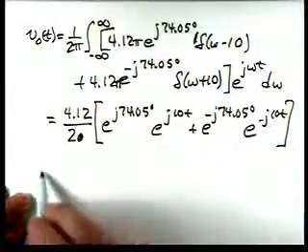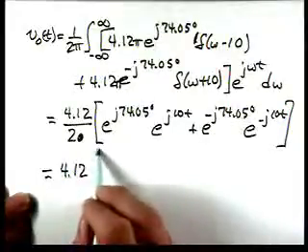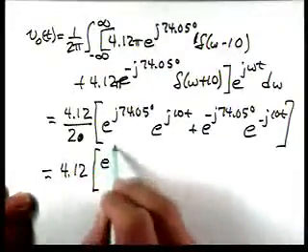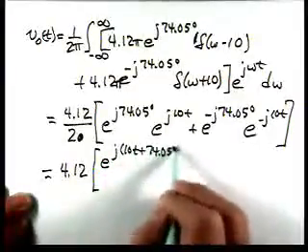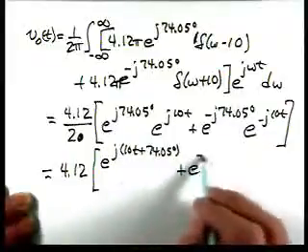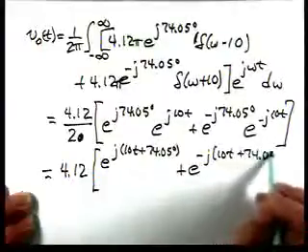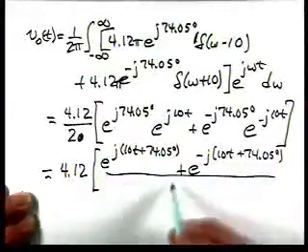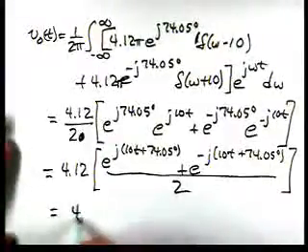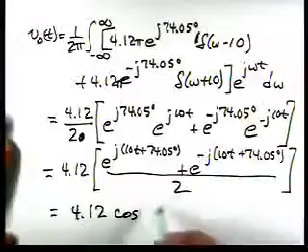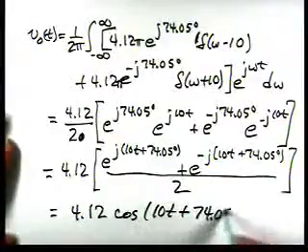And if we rewrite this as 4.12 times e to the j (10t plus 74.05) plus e to the minus j (10t plus 74.05), over 2. And if we remember from using Euler's identity that this is the cosine, so we get 4.12 cosine of 10t plus 74.05 degrees volts.